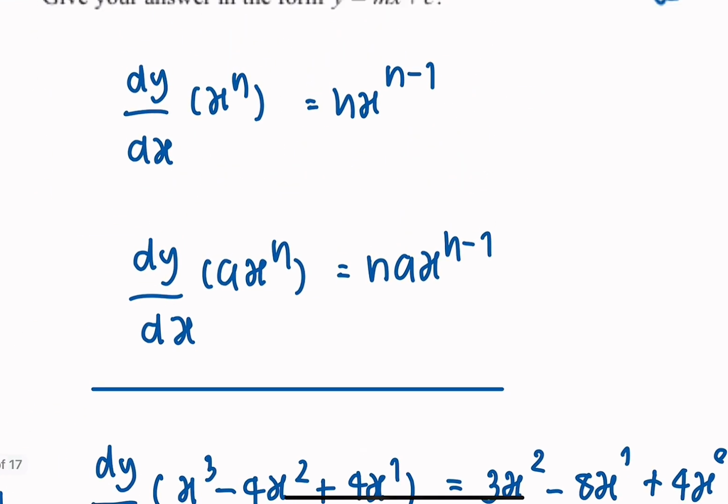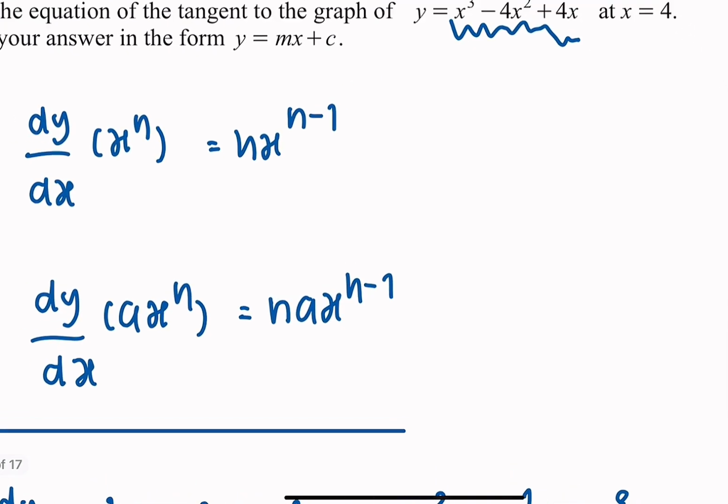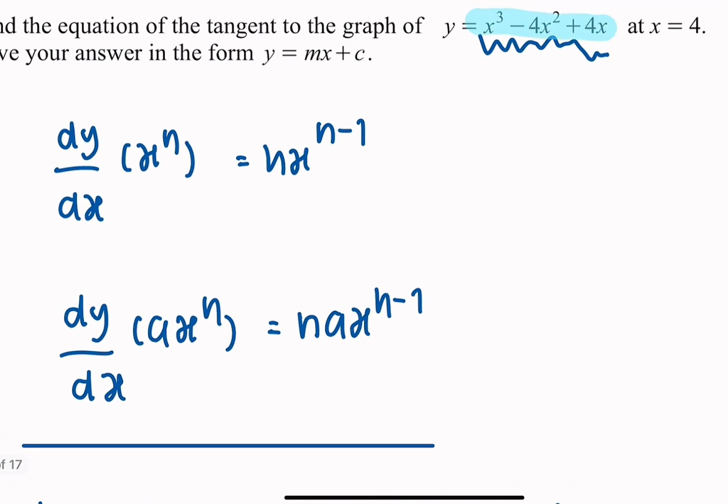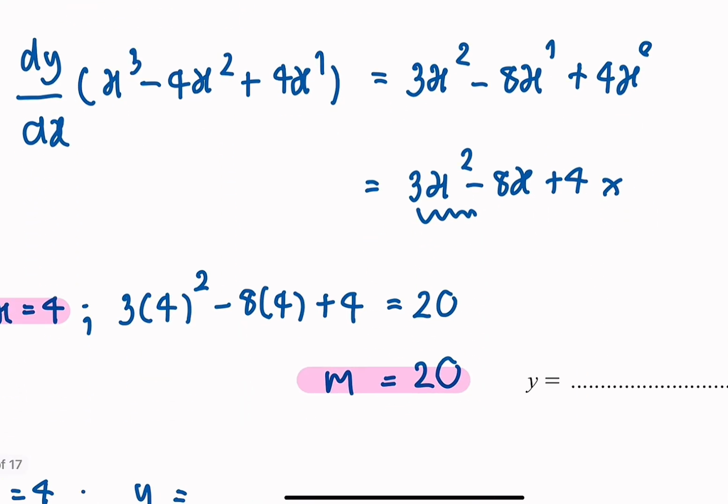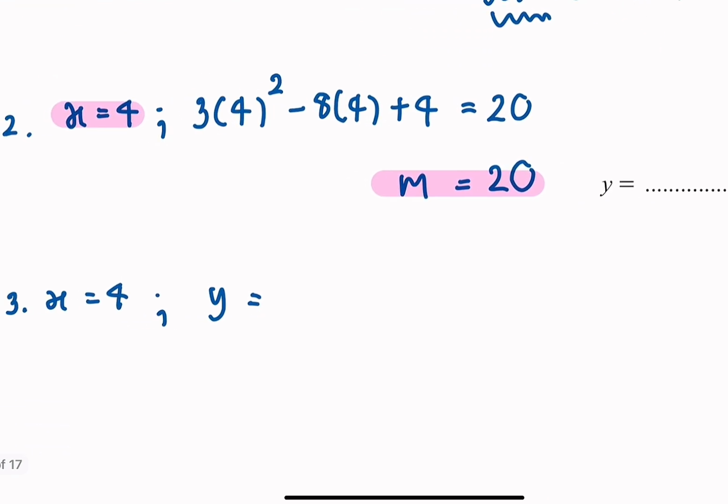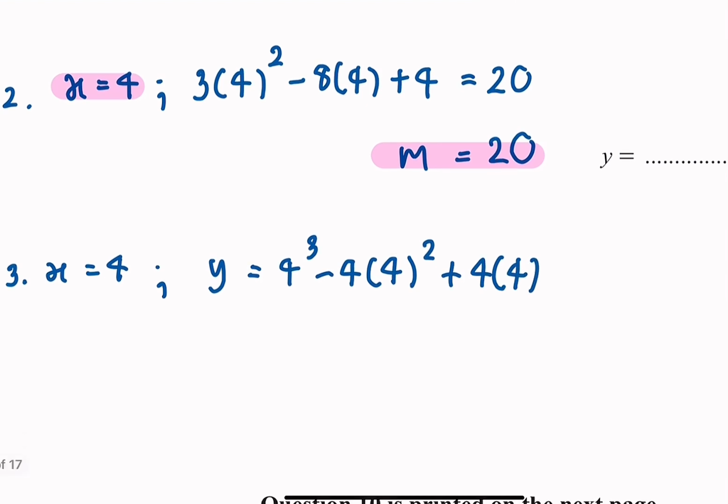The original equation is this one. Therefore, y is equal to 4 cubed minus 4 multiplied by 4 squared plus 4 multiplied by 4, which is equal to 16.